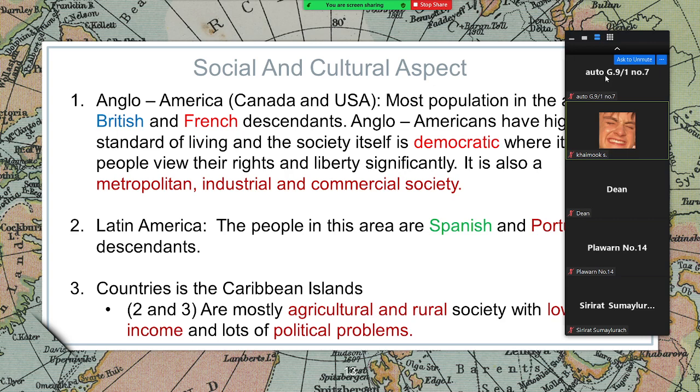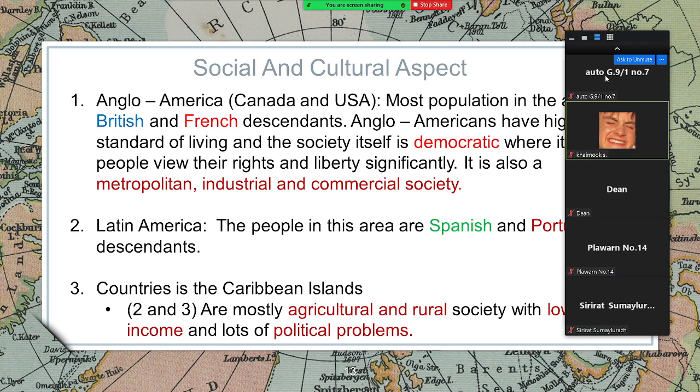The area is sophisticated, advanced in terms of technology, transportation, and everything, compared to other provinces.